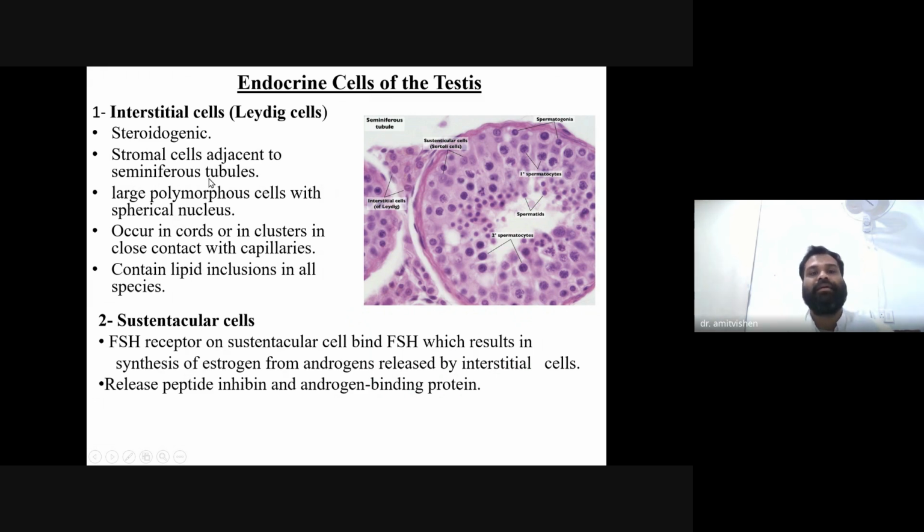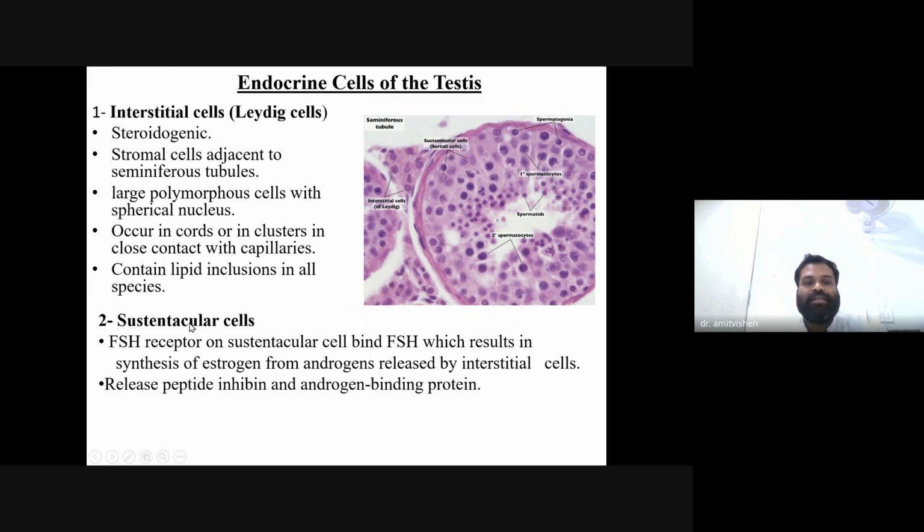So basically, Leydig cells are steroidogenic, and these cells adjacent to the seminiferous tubules are large polymorphous cells having a spherical nucleus. You can see this is the nucleus having a spherical shape, and these occur in clusters or cords in close contact with the capillaries.